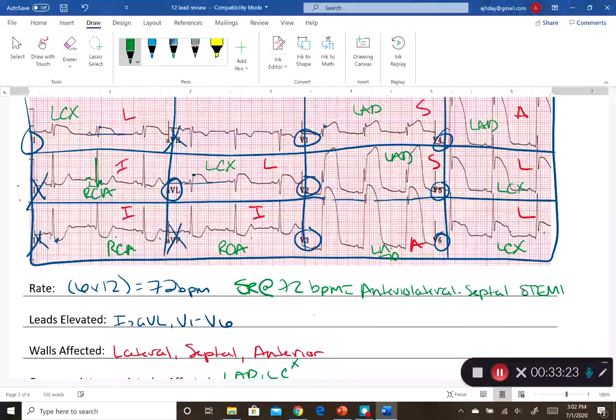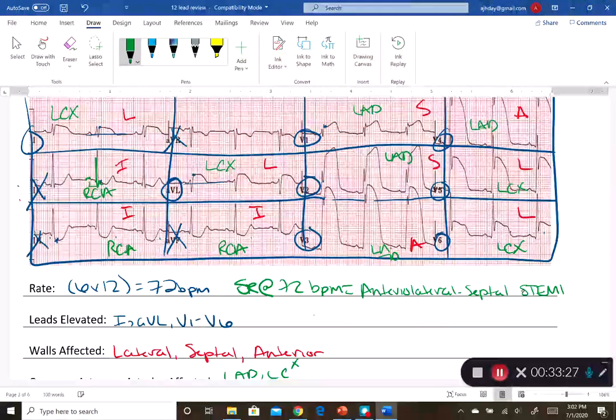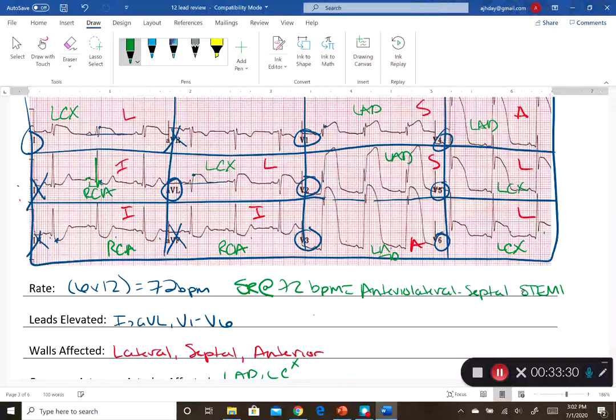And I put anterior, lateral, septal STEMI. You could put anterior, septal, lateral STEMI, or you could just write anterior, lateral, and septal STEMI.